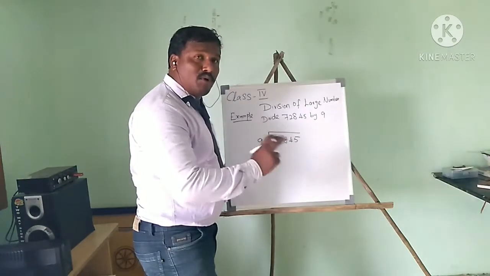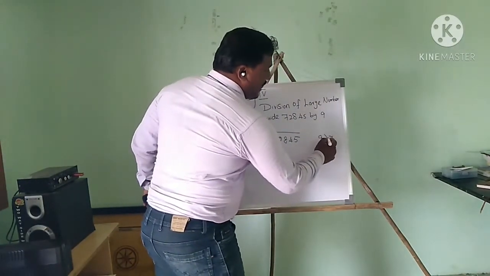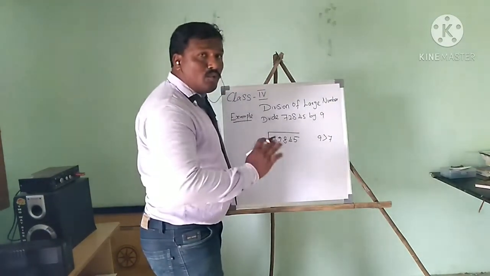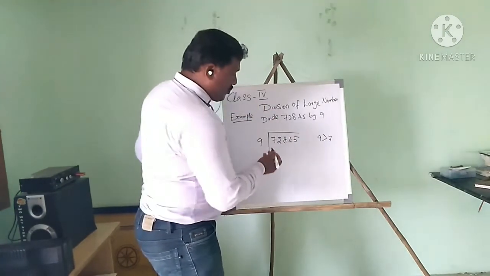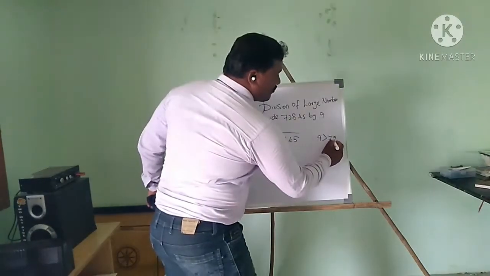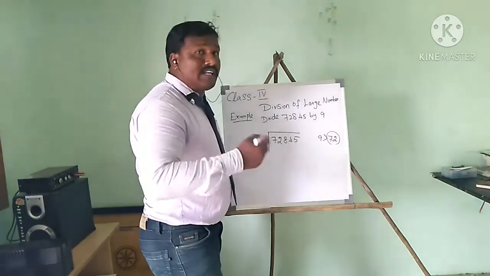If you compare both numbers, 9 is bigger than 7, so we cannot take one digit. We want to take one more digit, the next number, 2. If you take 72, now this is big. Okay, now you can divide.